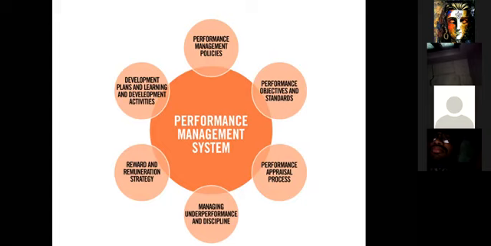And the next component is performance management policies. We have different types of performance management policies, but you have to take a standard policy that the employees and the other organizational culture influence, and you simply should follow it. Because if you want to change your policy, you have to consider several things.